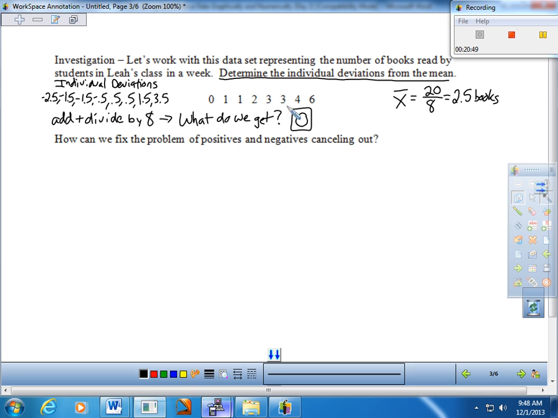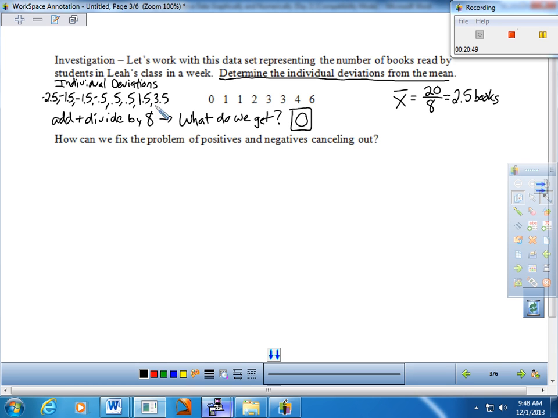Does that mean that on average, these individual values are 0 units away from the mean? No. No. What happened is because we had negatives and positives, they sort of canceled each other out and unfortunately did not give us what we wanted. We want the average distance away from the mean. And so we need a way to fix it.